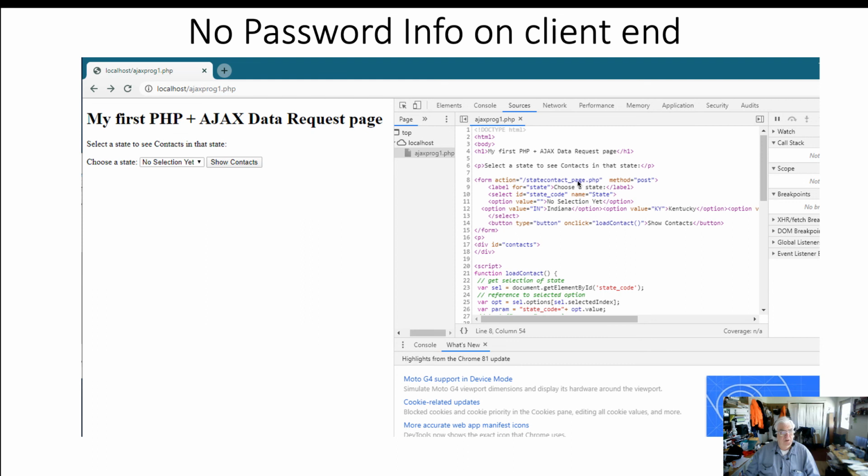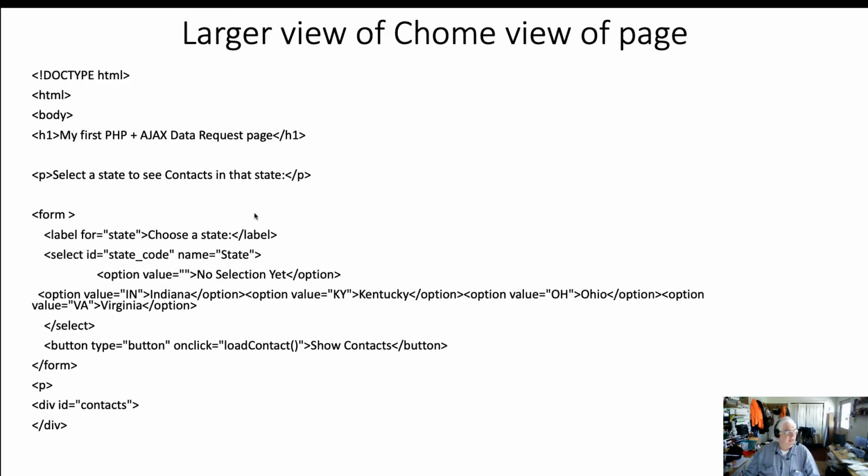But when we look, we find out that it's not there, and it's not there because all those connections and everything were the PHP code, and the PHP code generated this web page code, and so we don't need to worry about the password. In fact, when we look at the actual code in larger scale so we can see it, we see none of the password stuff came back, so we don't have to worry about that as a security issue.